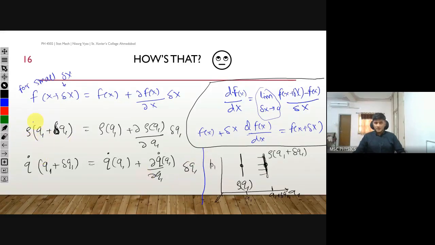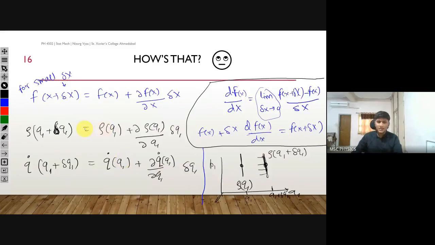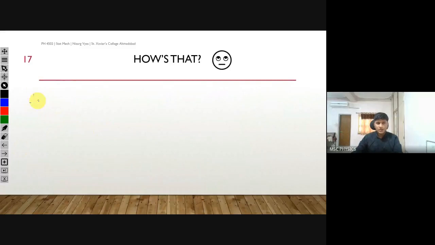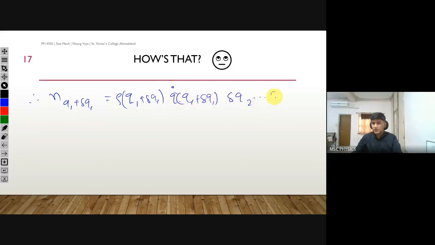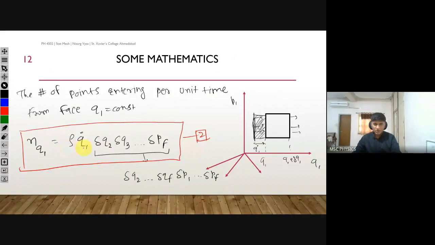And since this number at Q1 plus delta Q1 is nothing but the product of these two guys, therefore this number at Q1 plus delta Q1 is nothing but the product of rho at Q1 plus delta Q1 into Q dot at Q1 plus delta Q1 into all other factors, delta Q2 up to delta Pn. This is the same thing I wrote ago also. So this is the same thing: rho Q1 dot delta all the other areas.